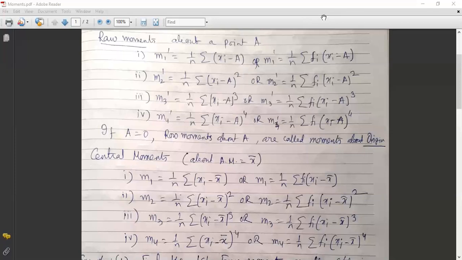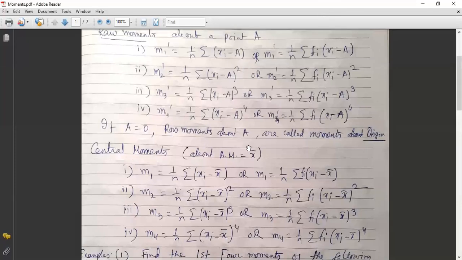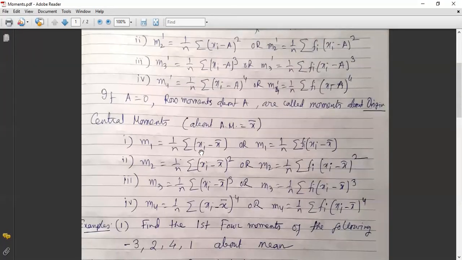Similarly, the central moment is calculated about the arithmetic mean. So what I have to do is xi minus x bar, the sum divided by n. We must go for some examples so that we can better understand this.